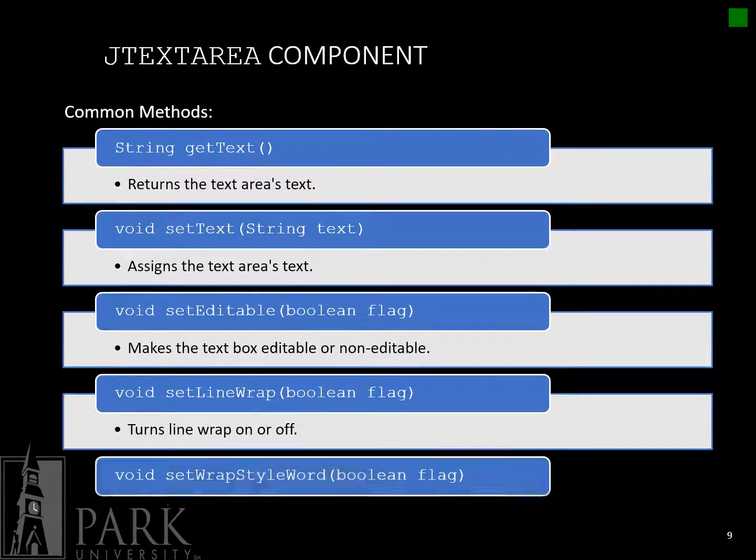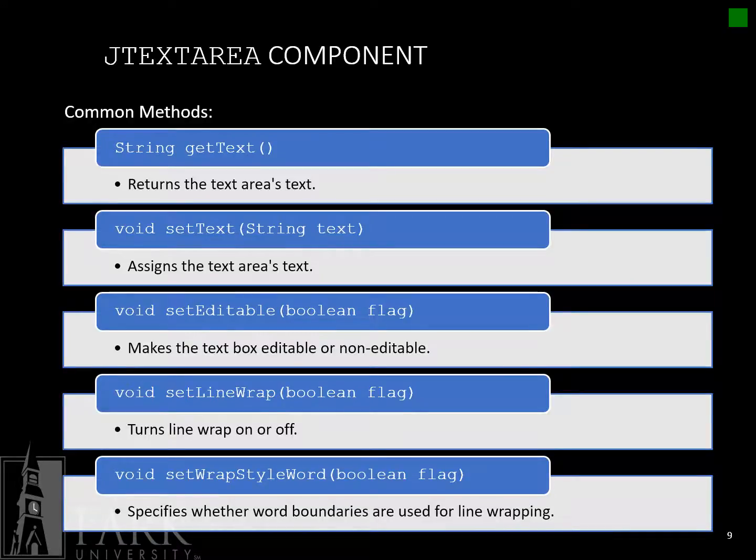And setLineWrap and setWrapStyleWord will turn on line wrapping, just like you have in Notepad, where it'll wrap overflowing text. So if the border was right here, the overflow would be moved to the next line. And then the word wrap style just says if it's allowed to break up a word or not.